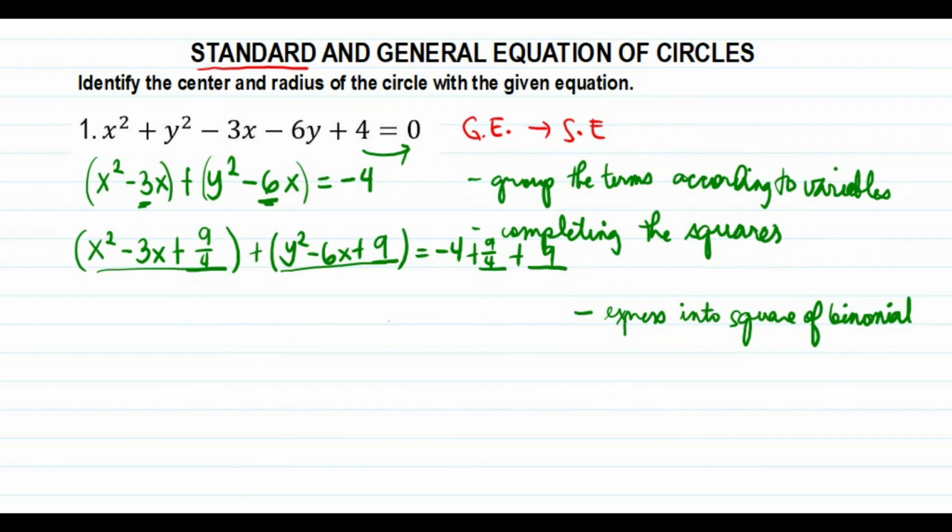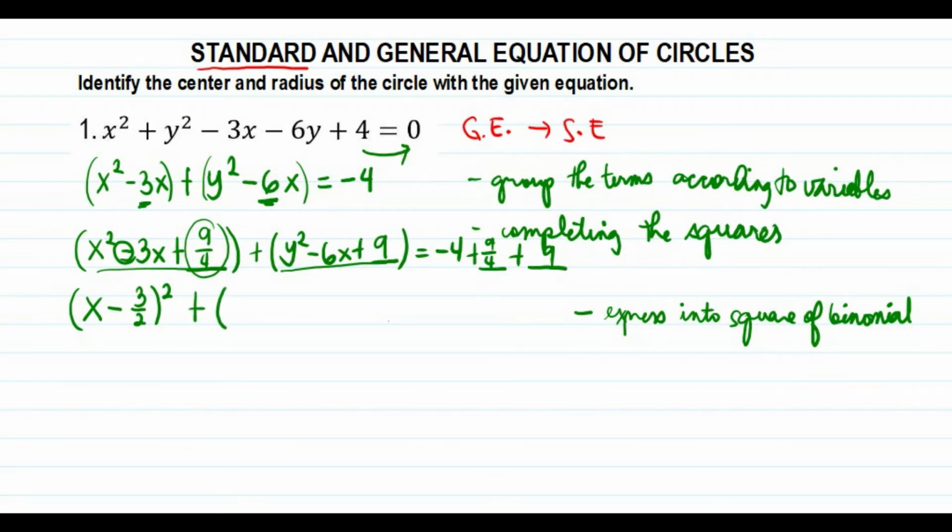And using the special product again, paano yun gagawin? Get the square root of the first term. The square root of x squared is x. And then copy the sign of the middle term. And then get the square root of the last term, which is 3/2. And then put a squared in that. Yun lang. Then repeat the process.